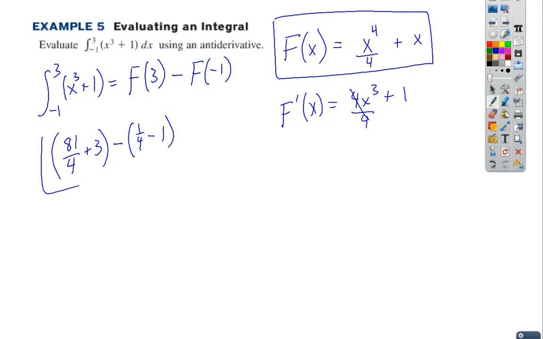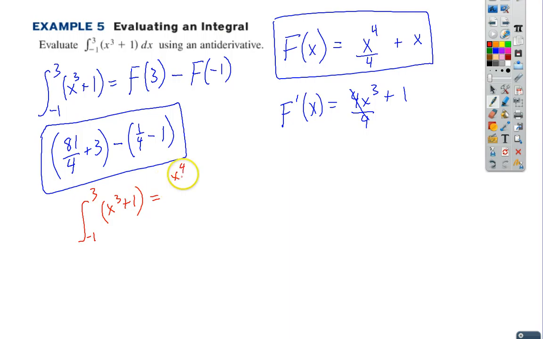Now, I'm going to tell you this. The proper way to do this, though what I did is fine, is that you can say the integral from negative 1 to 3 of x cubed plus 1 is equal to my antiderivative evaluated from negative 1 to 3, and get the same answer.